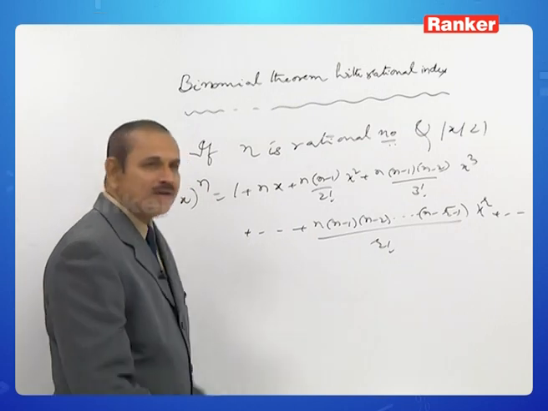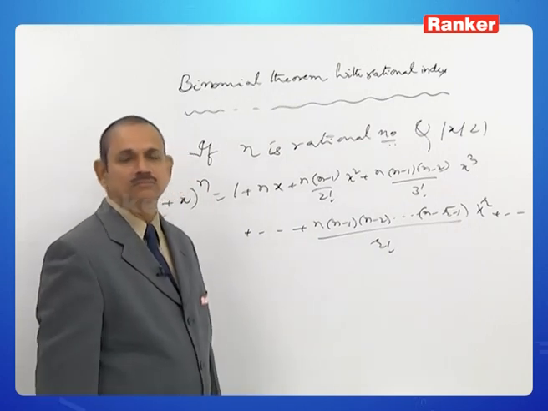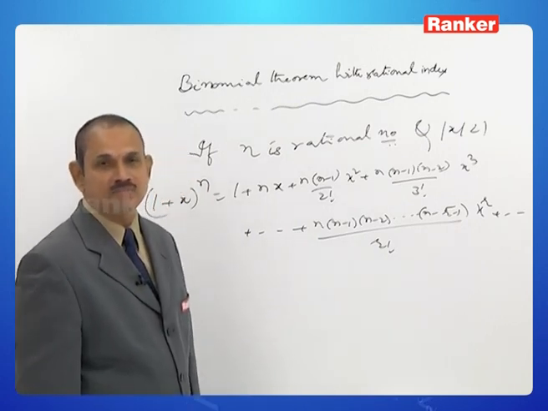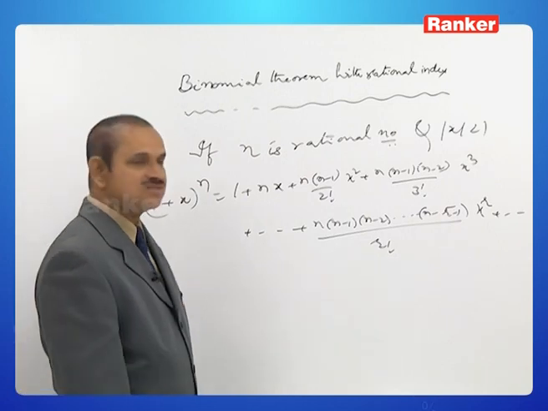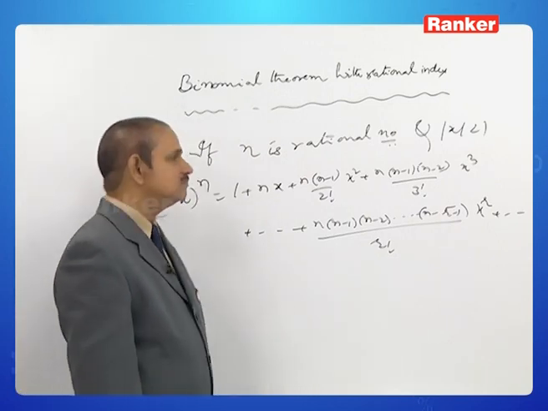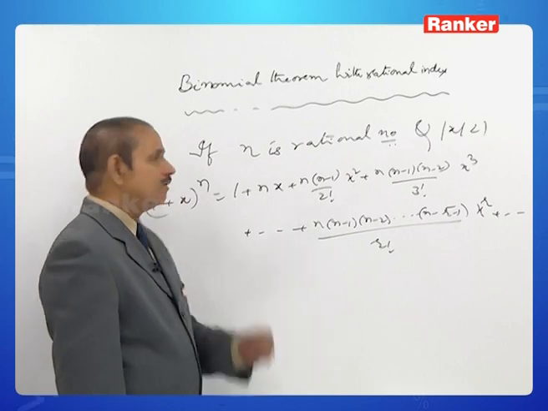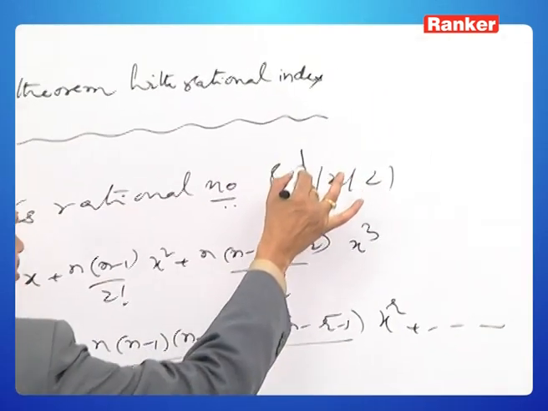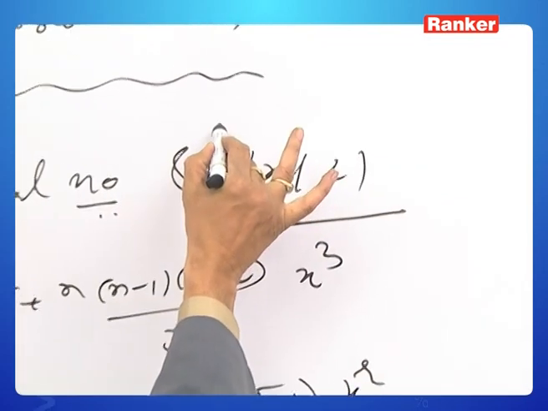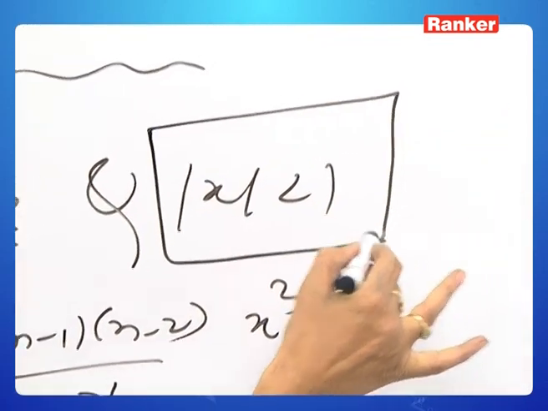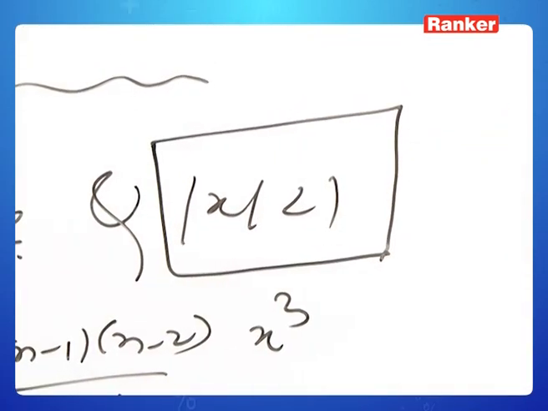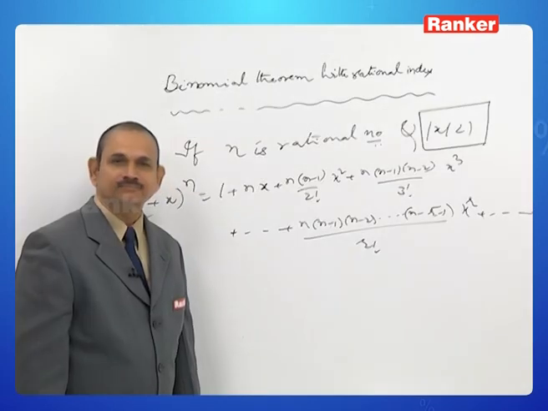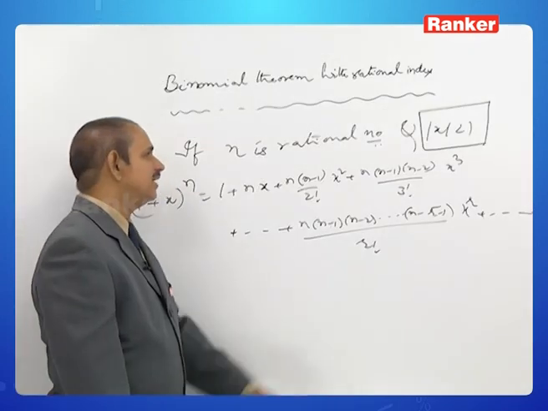Why are we not able to use the symbol nCr? Because n is not a natural number, n is a rational number, so you are not supposed to use that symbol. Moreover, one of the most important precautions to expand this is that mod x must be less than 1.